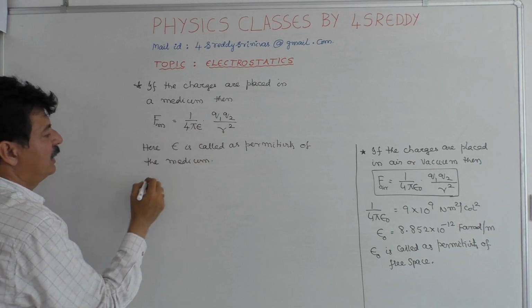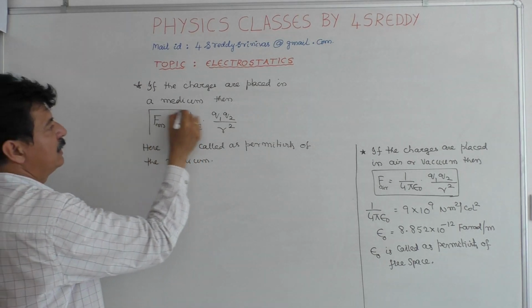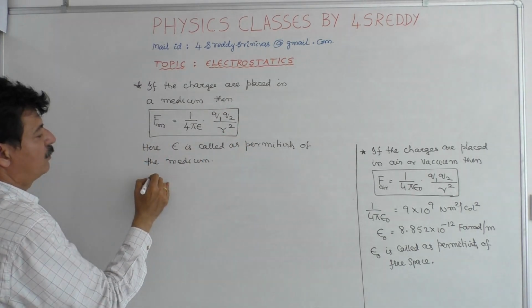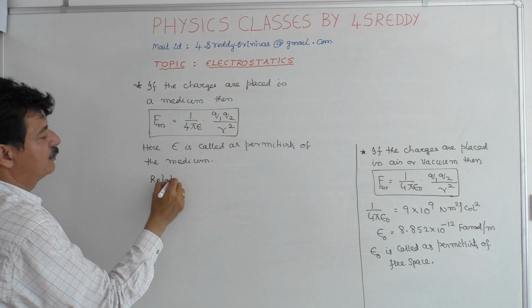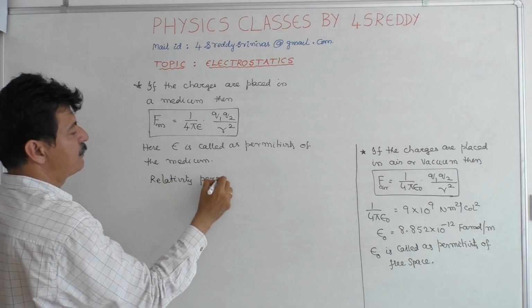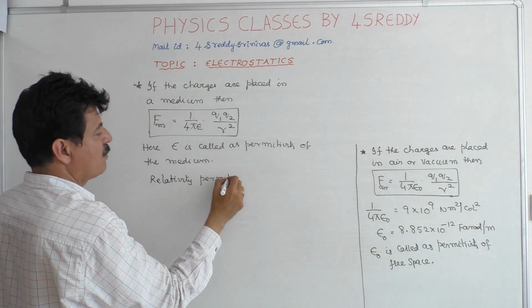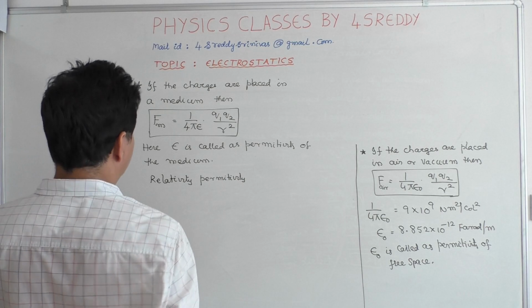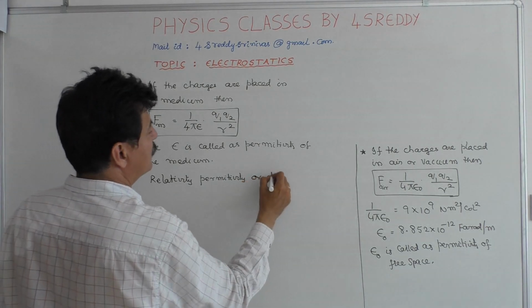Once you have got the idea of this, that it is in the case of a medium, now, what is meant by relative permittivity? And what is meant by dielectric constant?